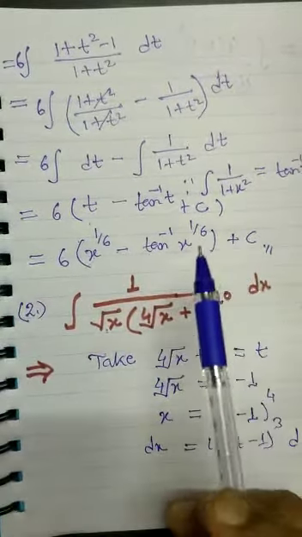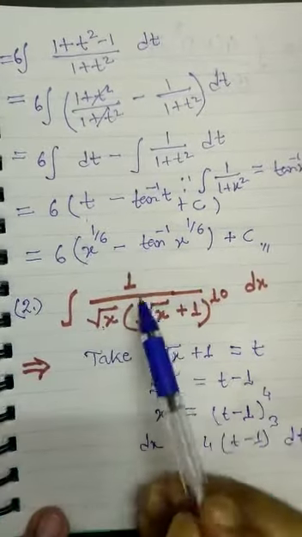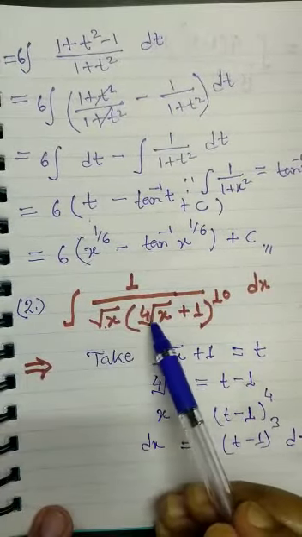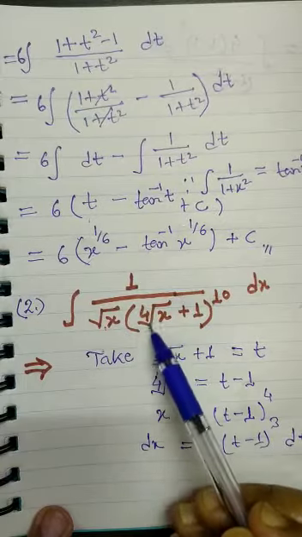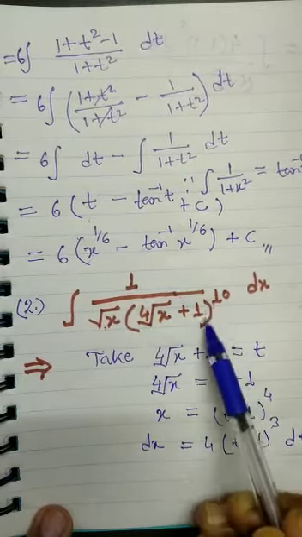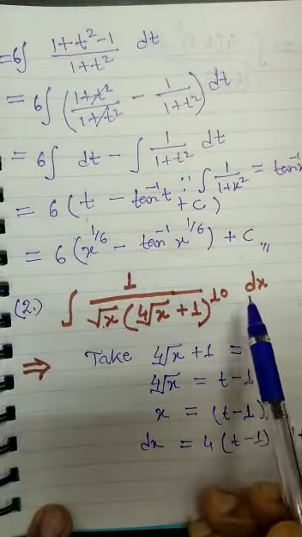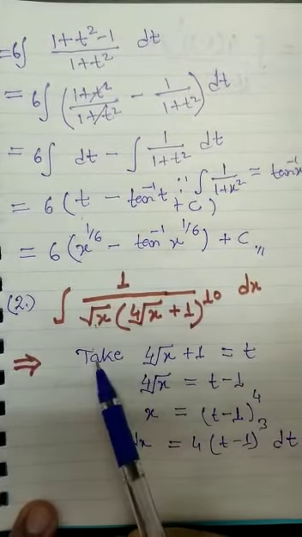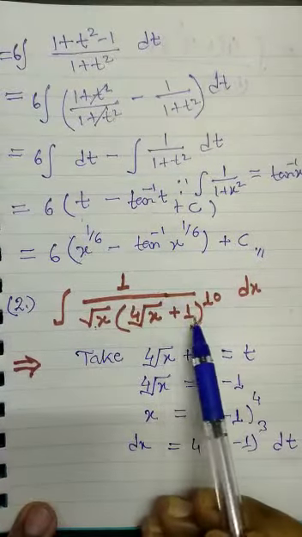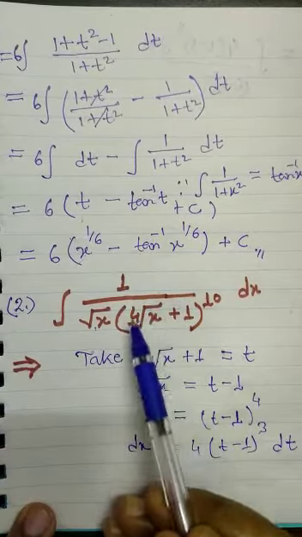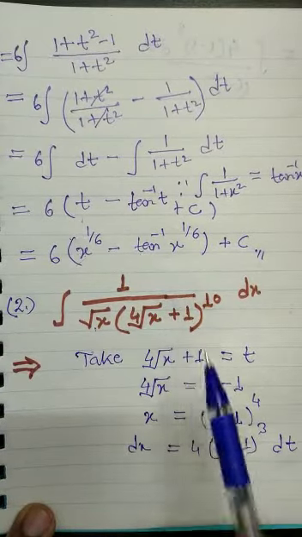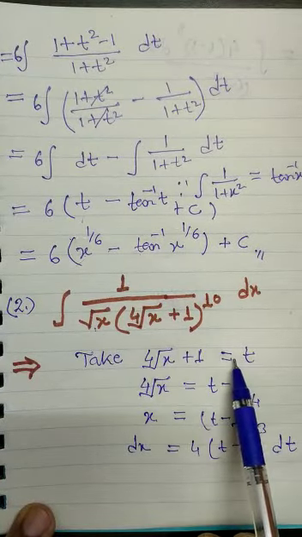plus c. Now the second problem I am taking: 1 upon root x, inside bracket fourth root of x plus 1, to the power 10, dx. Here in this problem I am going to take fourth root of x plus 1 equal to t.